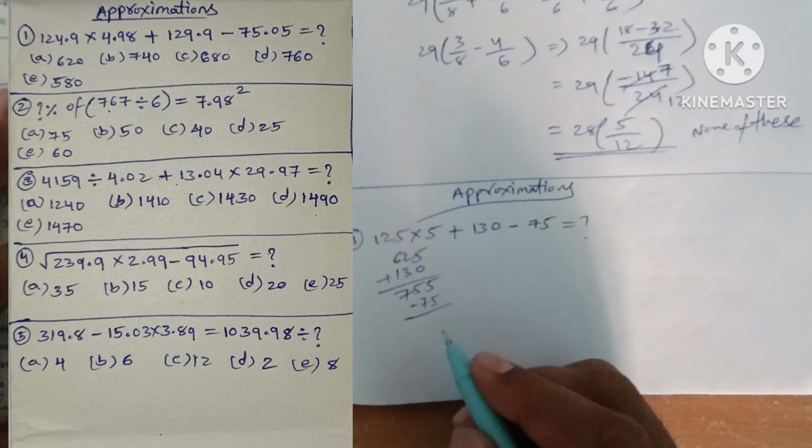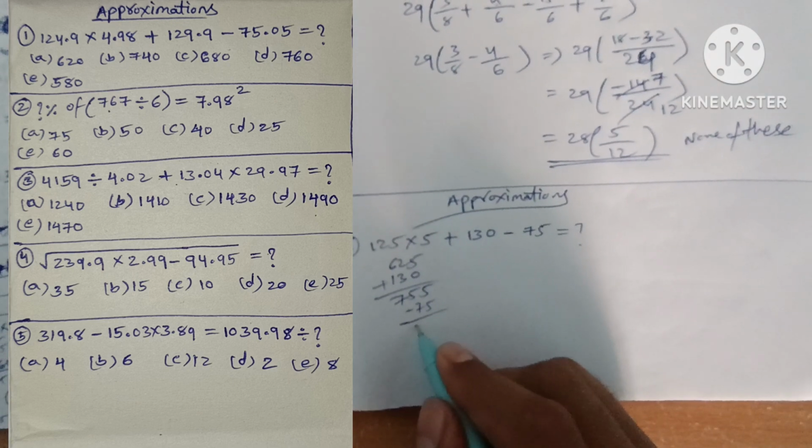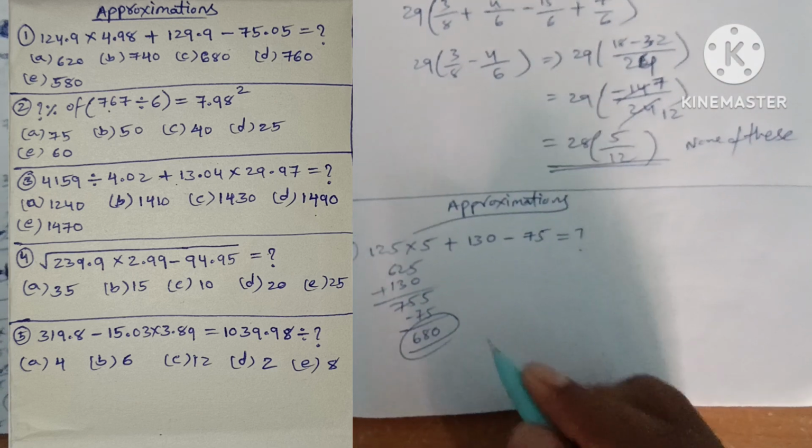Minus 75, we get 680. This is our answer.